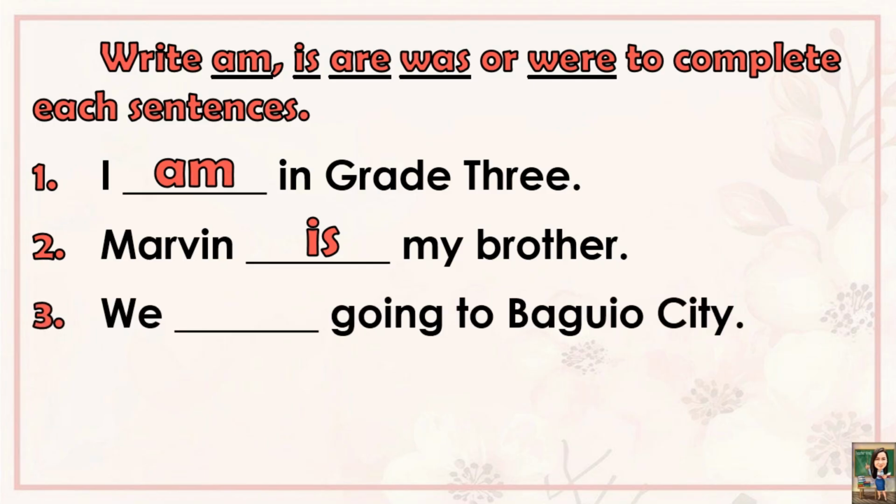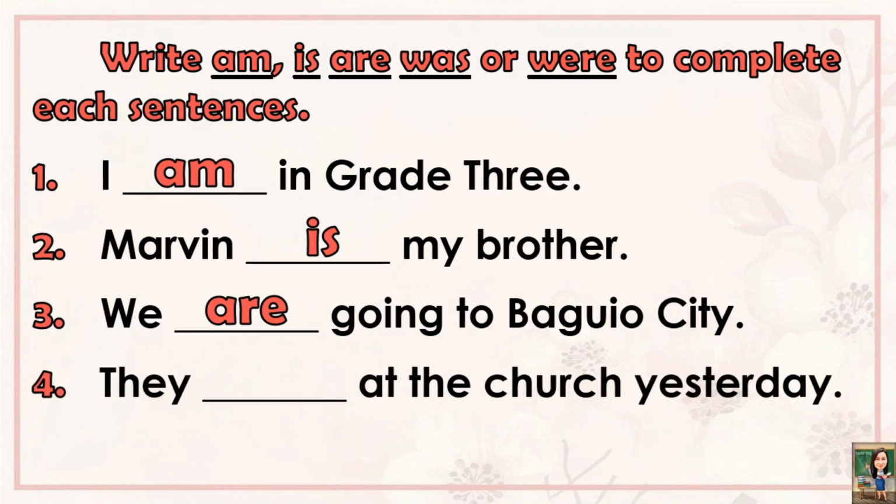Number 3. We blank going to Baguio City. What is the correct be verb? Correct. Are. We are going to Baguio City. Number 4. They blank at the church yesterday. What is the correct be verb?